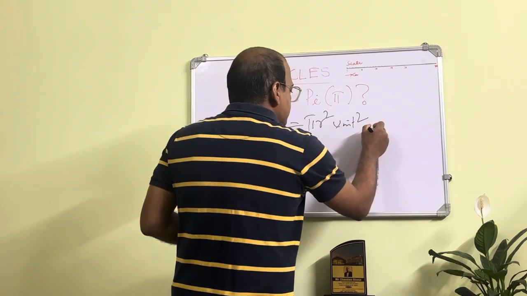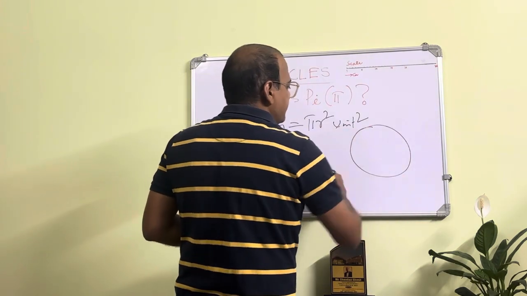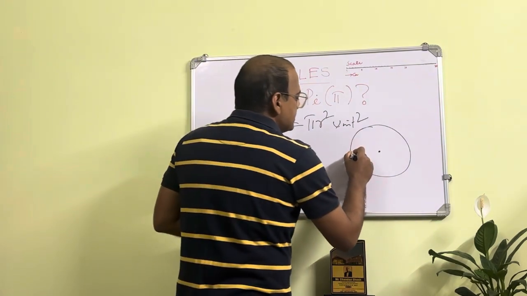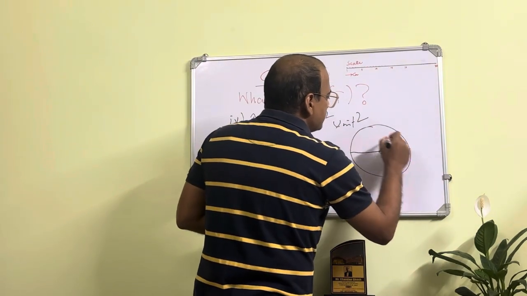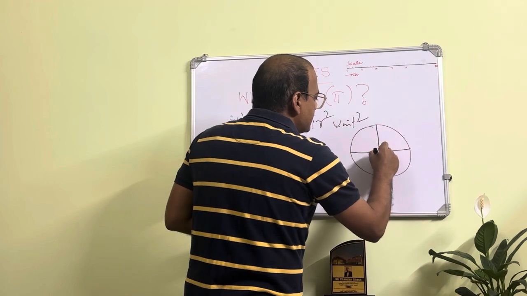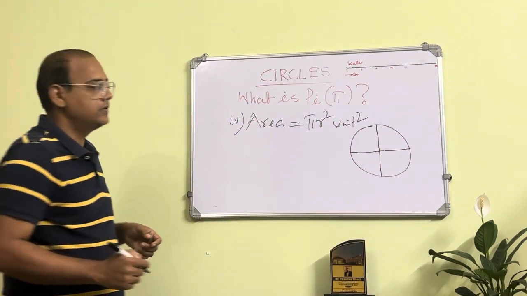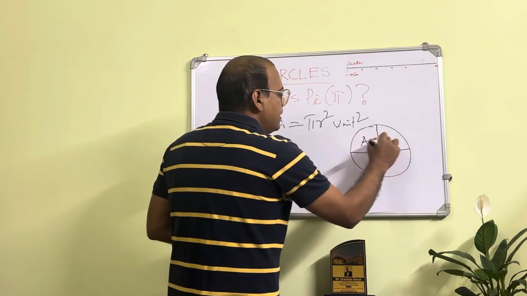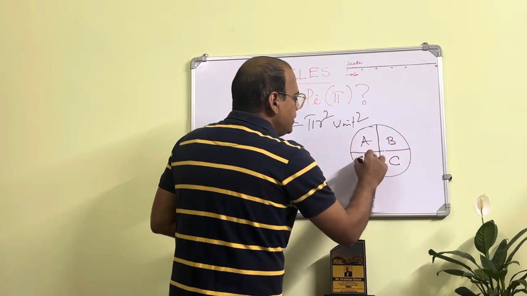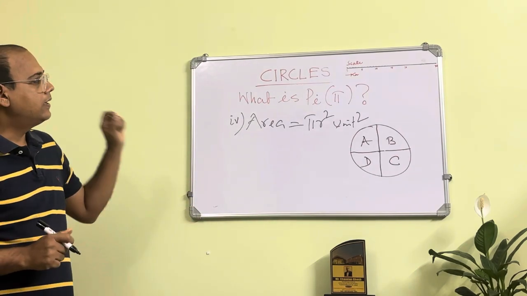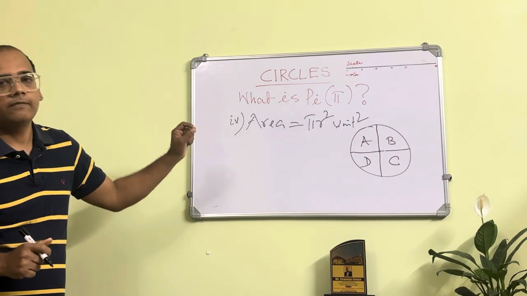I'm drawing a circle here. So this is the center. What I'll do, I'll split it into 4 equal-sized pieces, 4 slices. I'll name them as A, B, C, and D. So what I'm trying to do is derive the area of this particular circle.